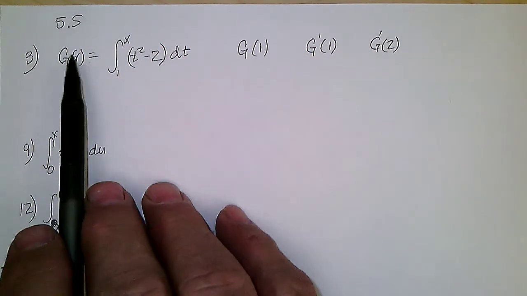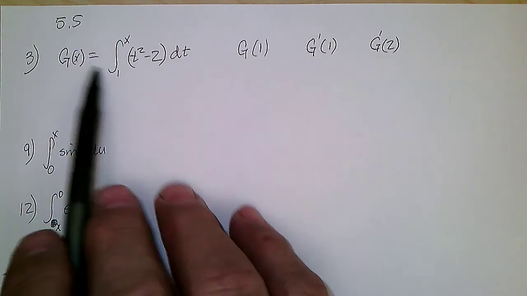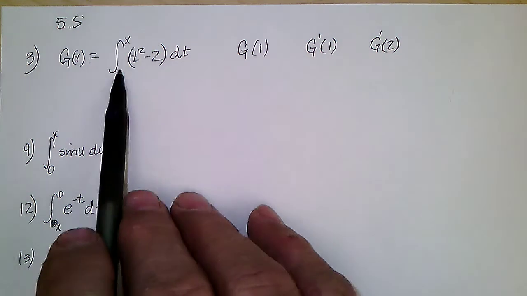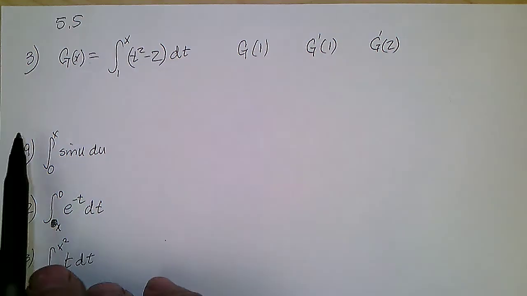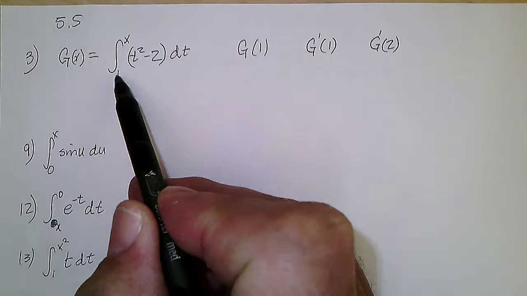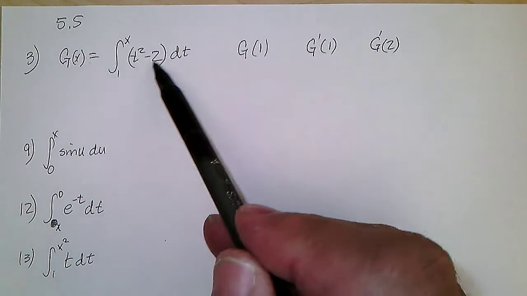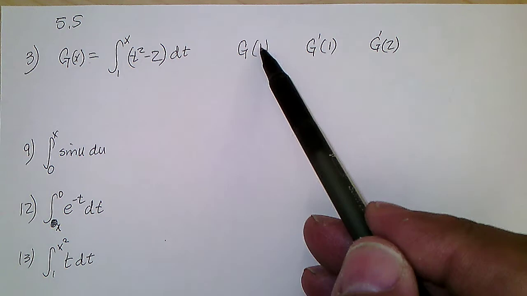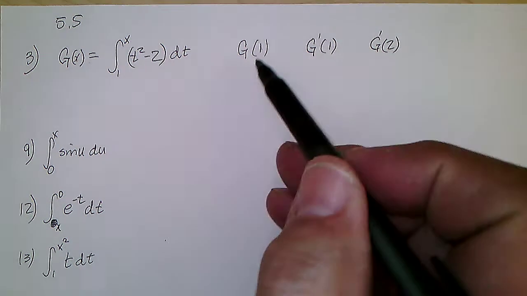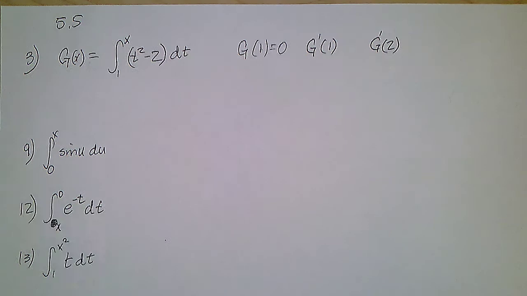5. First of all, it says G of x is the area under this from 1 to x. And so if we find the area under this curve from 1 to 1, that's no width, and so this has got to be equal to 0.